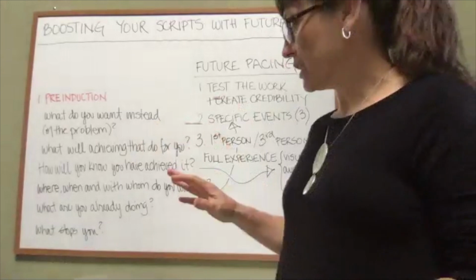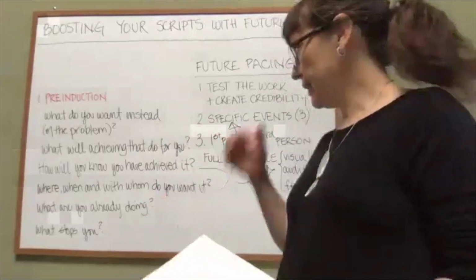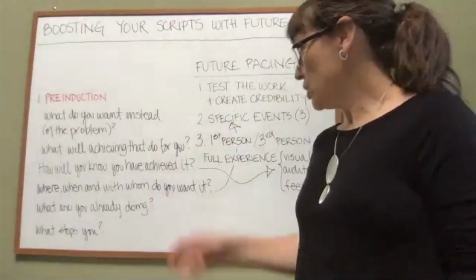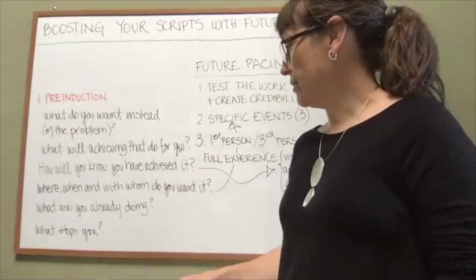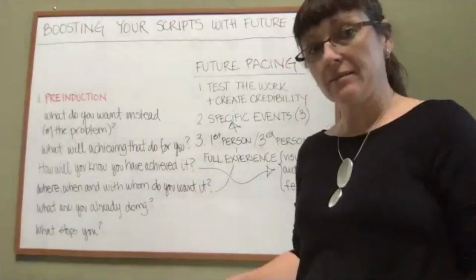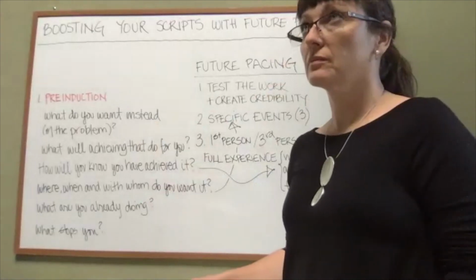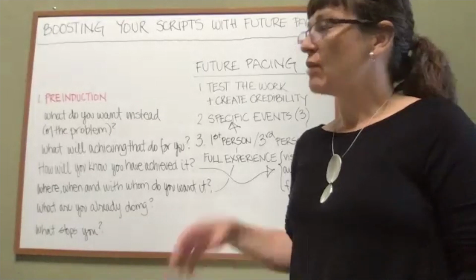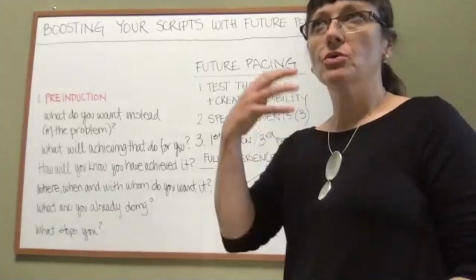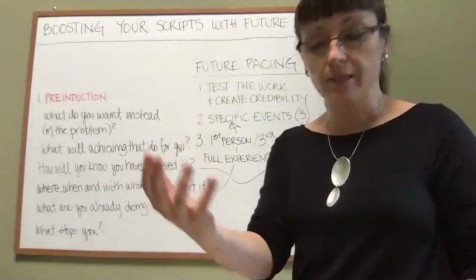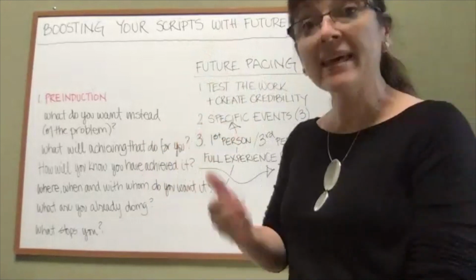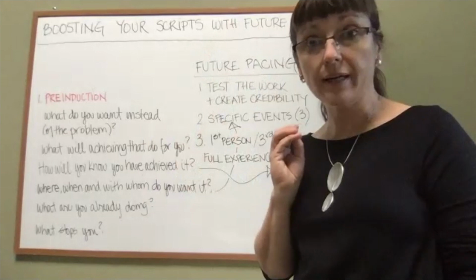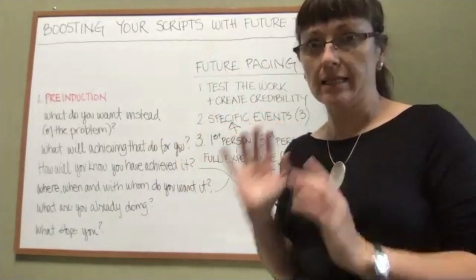So we're going to focus mainly on our case A, and then with the time we have, we'll do as much as we can with the case B. So if we asked our case A, what do you want instead? She might answer things like, I want to be able to hear their opinion and then be able to state my own opinion rather than stay quiet or feel like I can't say anything.